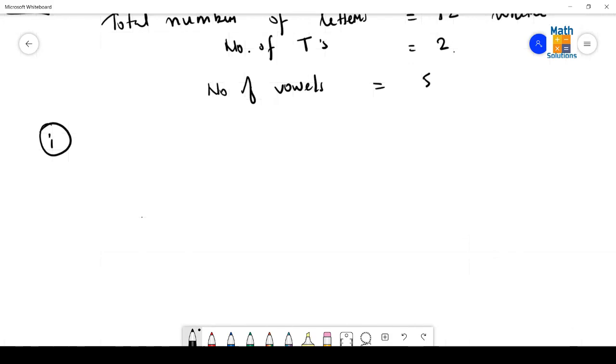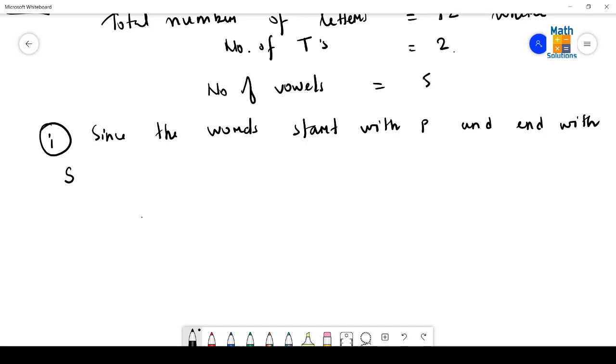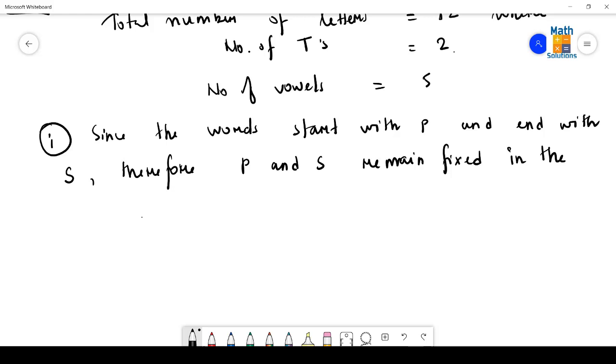So while writing the solution, we shall be writing, since the words start with capital P and end with capital S, therefore P and S remain fixed in the first and the last place.